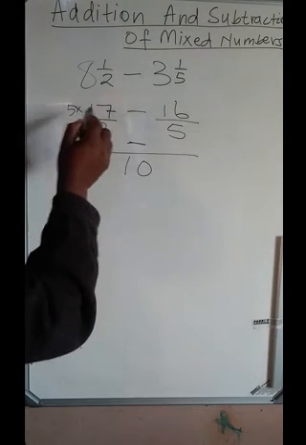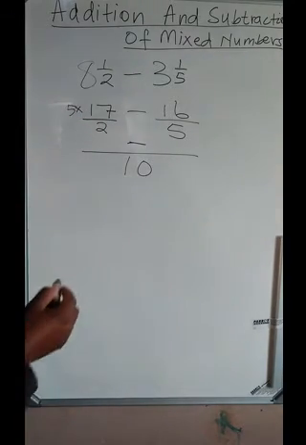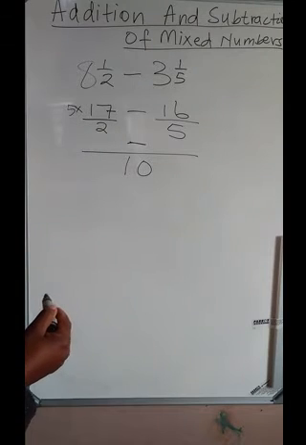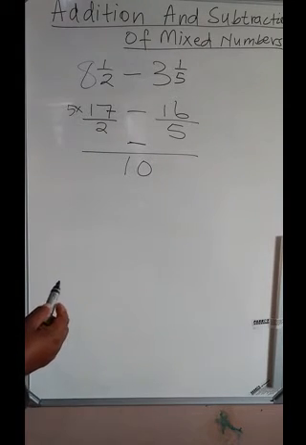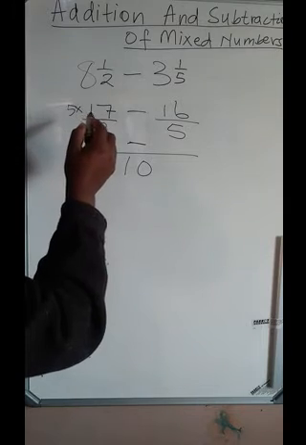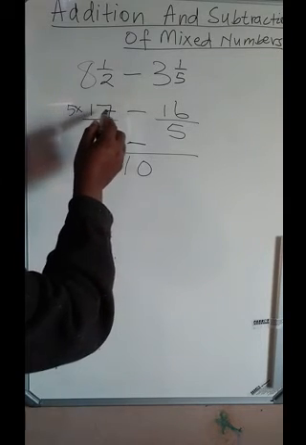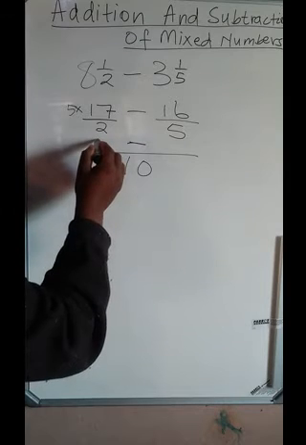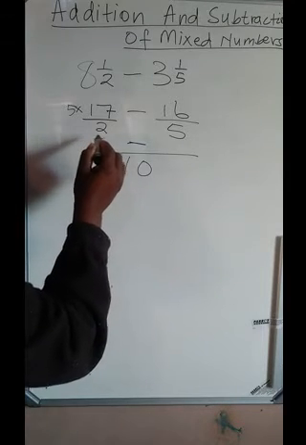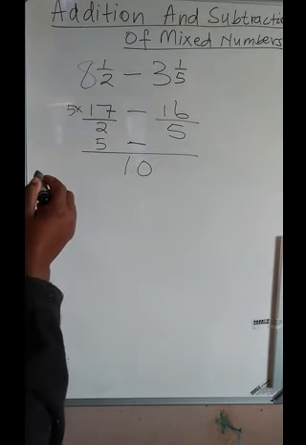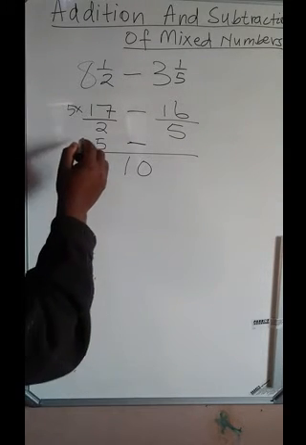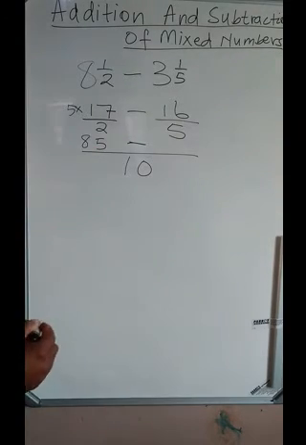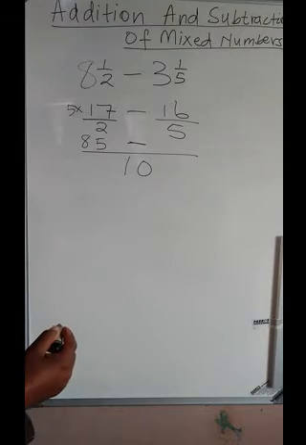Then what is 17 times 5? 5 times 7 is 35. We carry 3. 5 times 1 is 5 plus 3 is 8, so 85. So 17 times 5 is 85.